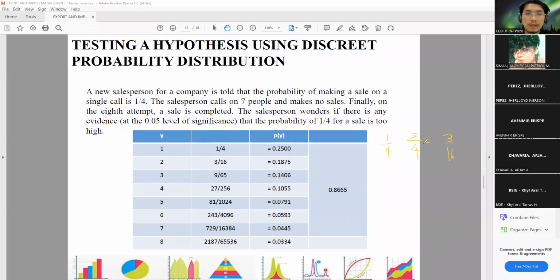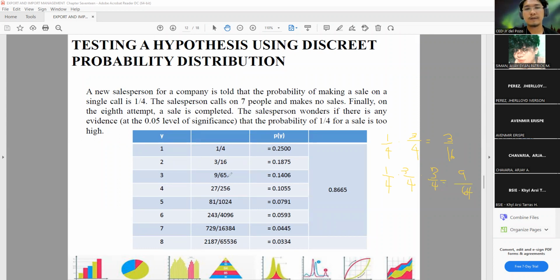Now, tumawag ka ulit, chances of getting it on the 3rd, we have 1/4 times 3/4 times 3/4. So we have 1 times 3 times 3, we have 9. 4 times 4 is 16, times 4 is 64.